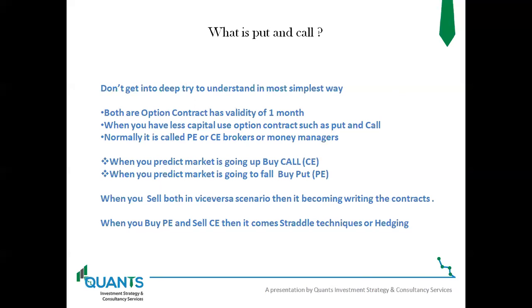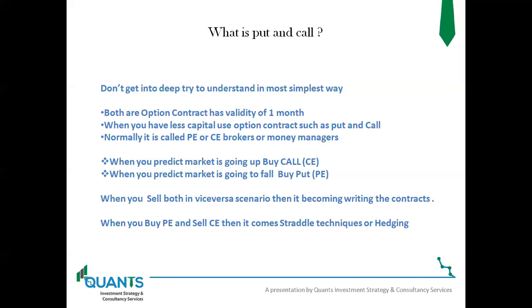Brokers also term this as buy call, buy put. So when to buy call, when to buy put, that is what I have mentioned here. When you predict the market is going up, you buy call. When you predict the market is going to fall, you buy put.